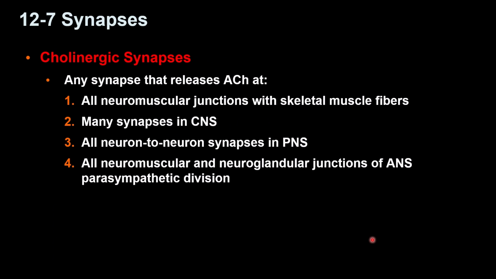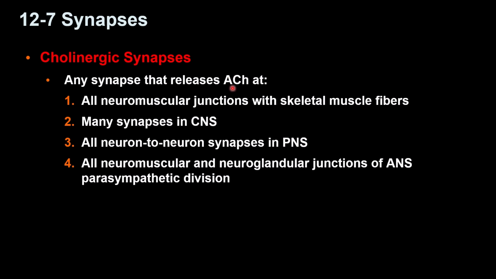Now the different types of synapses are named based on the type of neurotransmitter that is released, okay? So this is called cholinergic synapses, and here acetylcholine is released.